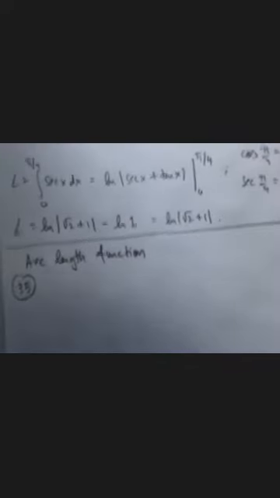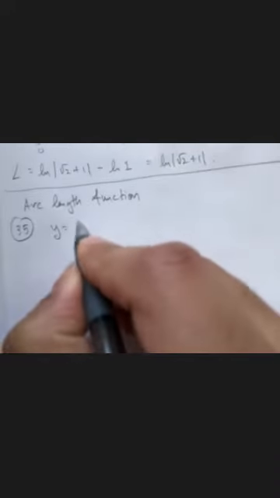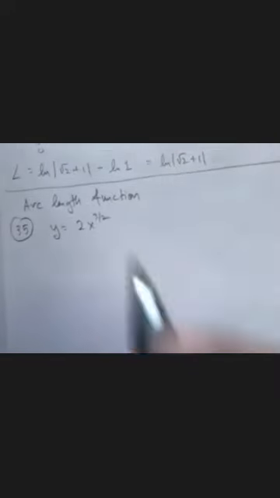This is homework problem 35. The question is, find the arc length function for the curve y equals 2 times x to the 3/2, with the starting point given to us.